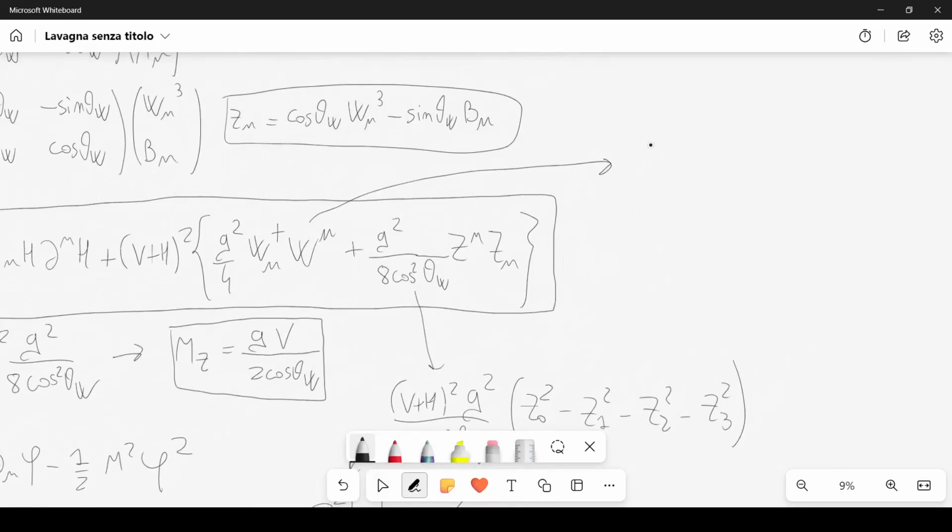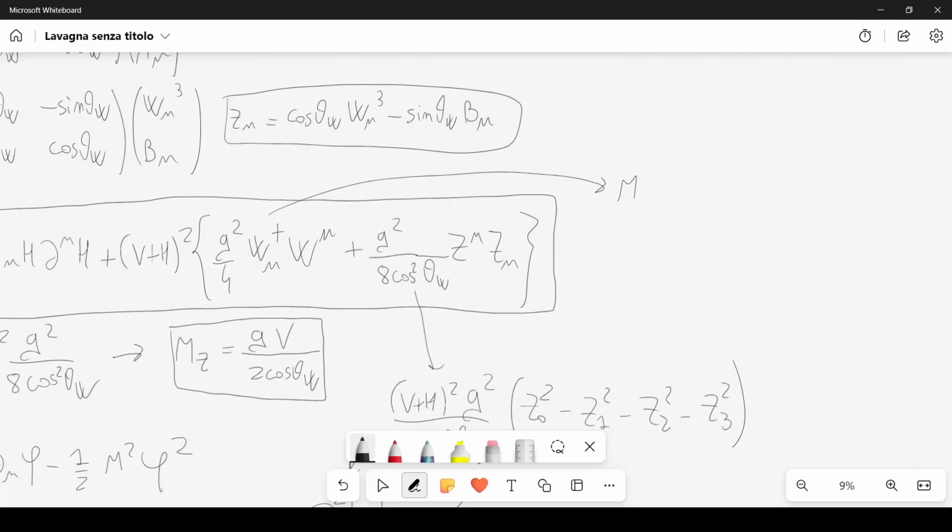Basically we have to take a second derivative, where the first derivative is taken with respect to W_μ, and the other derivative is taken with respect to W†_μ, right? And what you're going to get is this factor in front without the 1/2 that you got from here.